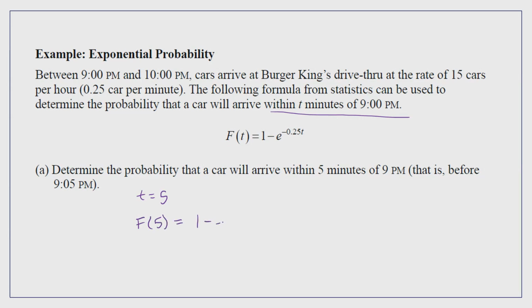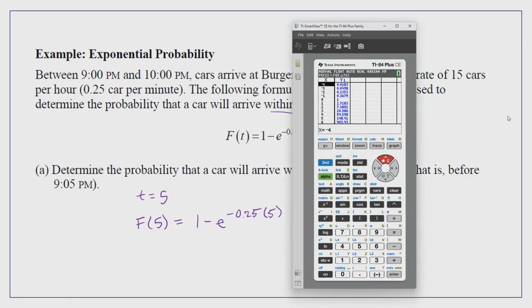So I have 1 minus e to the power negative 0.25 times 5. When we evaluate this, and we will need our calculator to do so, we are going to get the following value.